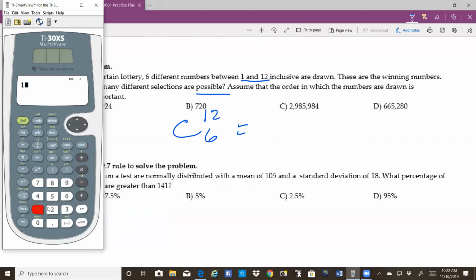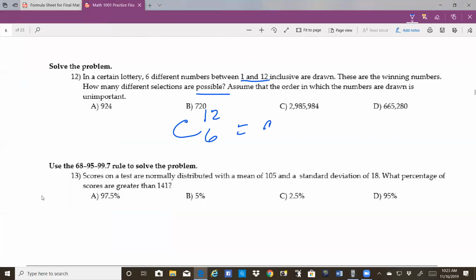We put in 12, then hit probability and pick nCr, which is combinations of n things taken r at a time, and now put in the r, which is 6, and hit enter, and we get 924, which is answer A.